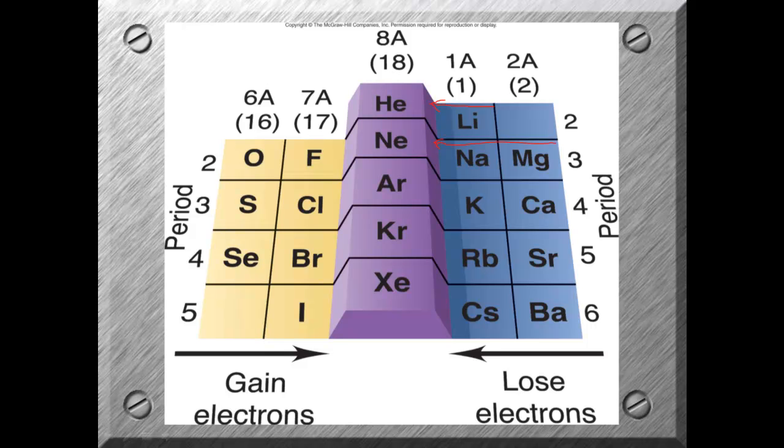But in the second period, oxygen and fluorine will gain electrons to have an electron configuration like neon. And this continues all the way down the periodic table. So as each of these become either positive or negative ions, their electron configurations will be that of the noble gases. And that's because the noble gas configurations are stable.